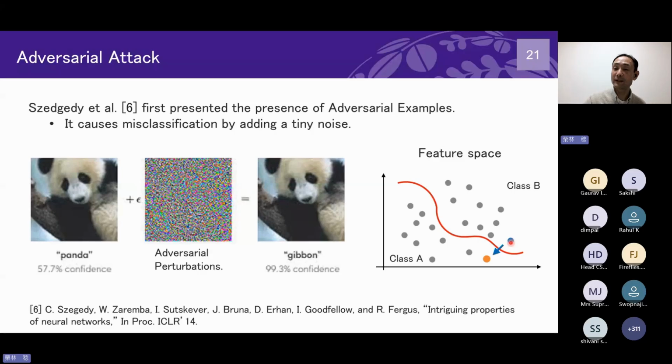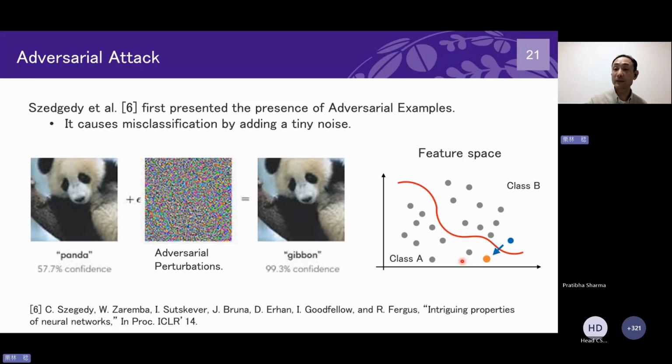By adding the noise, this class is moved to the other class. So this class can be specified. It is much easier to control, so the decision boundary can be easily determined in this case.